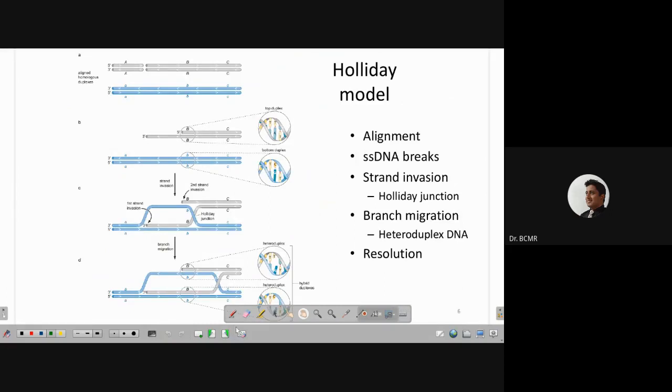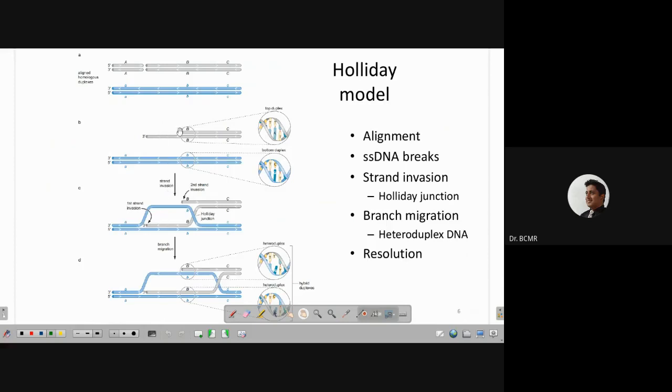So let's see the steps just so that we will understand it easier. I put it in straight. First one is alignment. These two are brought in close proximity and they are aligned, A with small a, B with small b, C with small c. The second one is single strand breaks or double strand breaks. Usually what is more accepted now is double strand breaks, so we'll just say double strand breaks.